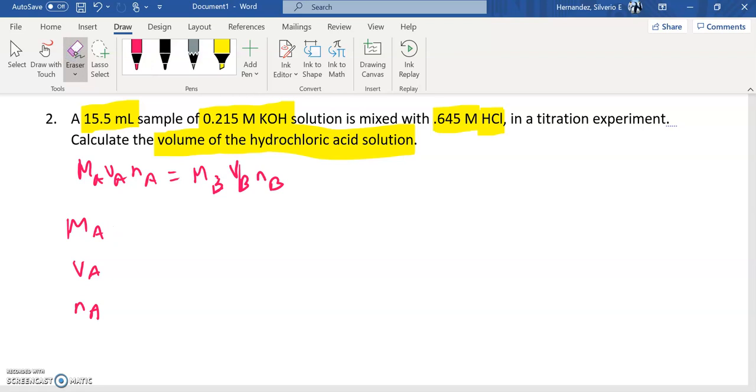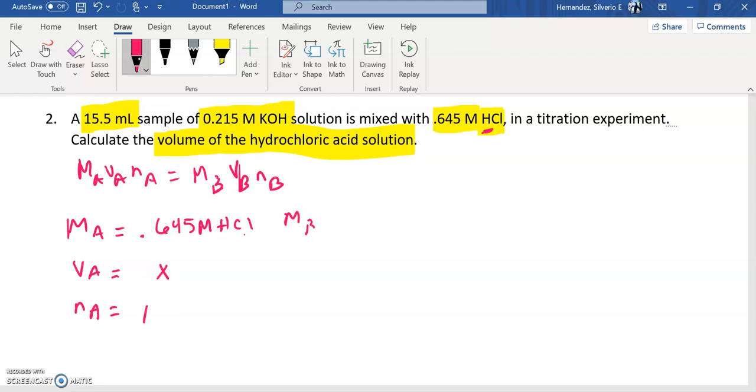So in this case, let's write down what they've given us. They gave me the concentration of the acid at 0.645. They didn't give me the volume, excuse me. And then I'm going to look at how many hydrogens are in that acid. Again, I know it's an acid, it starts with an H. There's 1.